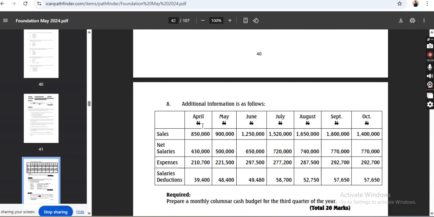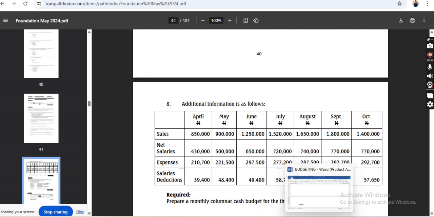So class, April, May, April to October, right?